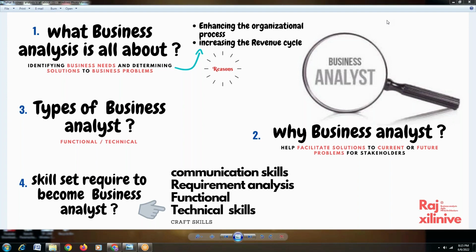You take any organization, either a bank or an insurance organization, or an IT company, wherever, the role of a business analyst is to gather the requirements from the stakeholders or from the customers and provide the solution. Remember, the solution that you give as a BA is a business solution. It's not a technical one. This is the responsibility of a BA.